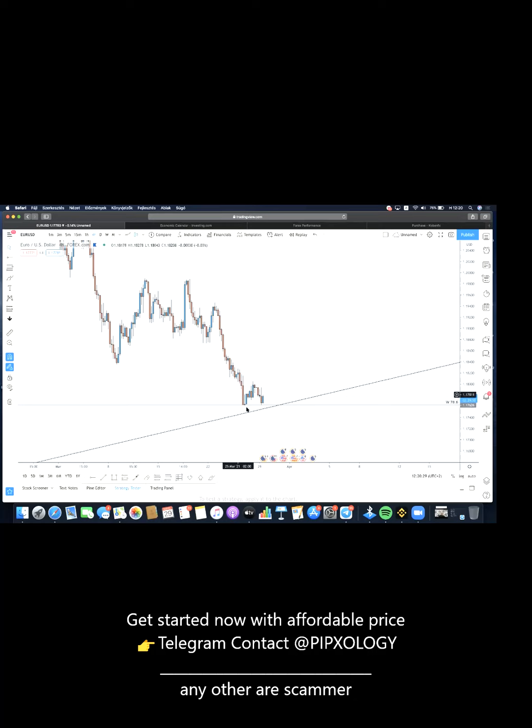You can see on the 4 hour basically we have high, we have low, lower high, lower low, another lower low, lower high, lower low, and basically it's still creating lower lows on the 4 hour.